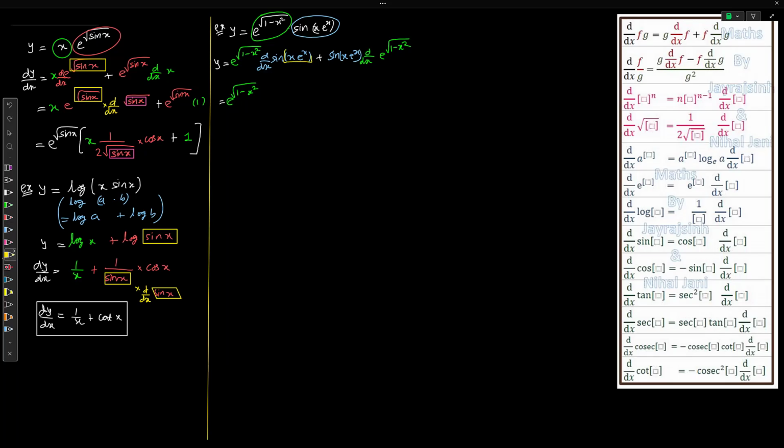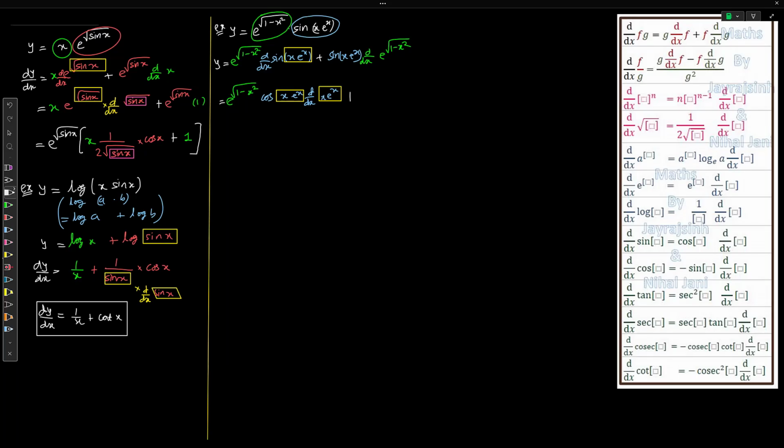Here x e raised to x is within the box. So the differentiation of sin box will be cos box into d by dx of box. Now what do we have within the box? Within the box we have x e raised to x.